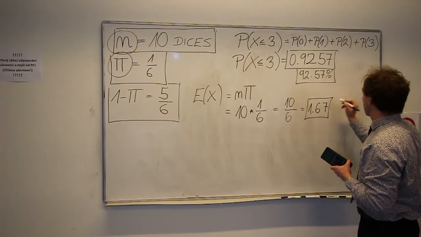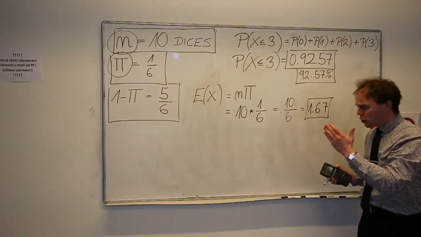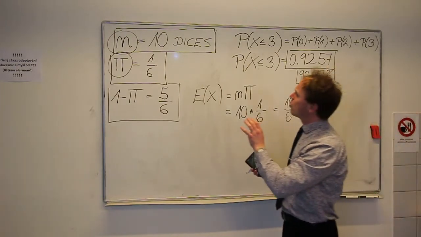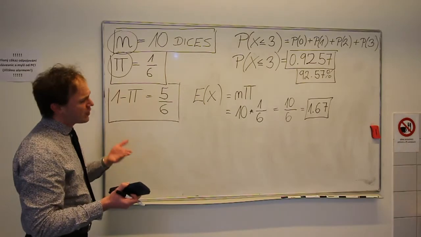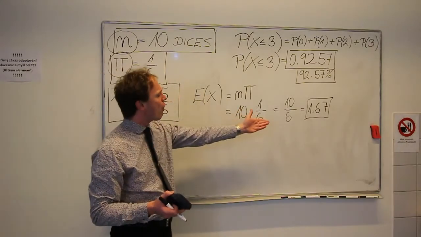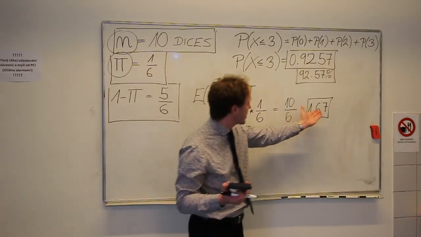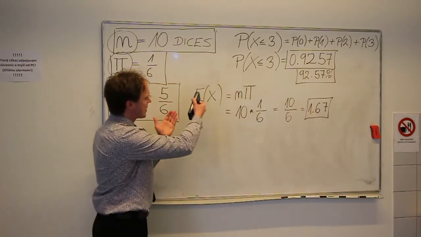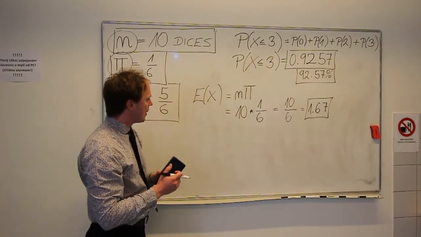So this is the expected number of dices on which you can see the value 6. Yes, the average number of dices on which falls number 6. It can be interpreted in dices, because it's something like an average, like the mean. Expected value.